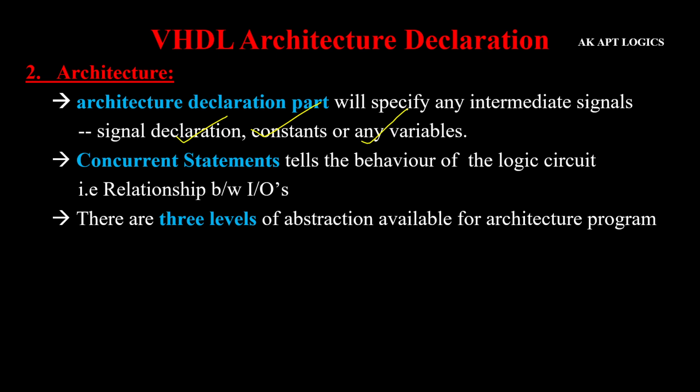Any one of them you can use in your design. Why three? Using one level you can get the least power. Using some other level of abstraction you can get low power. Using another level you will get low delay.